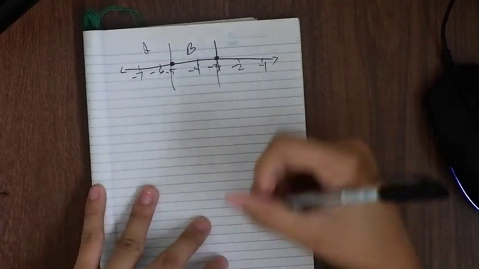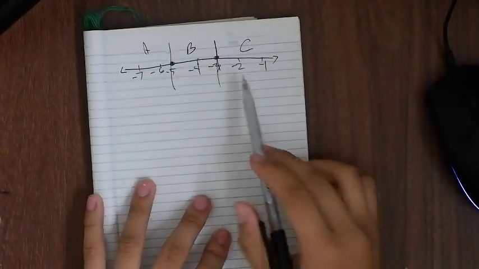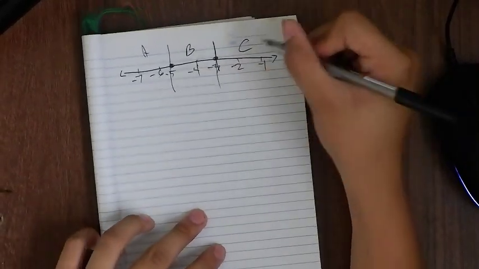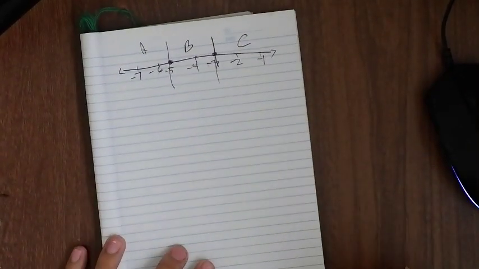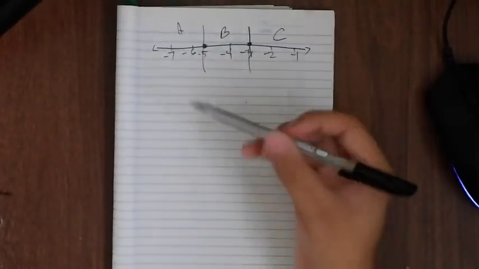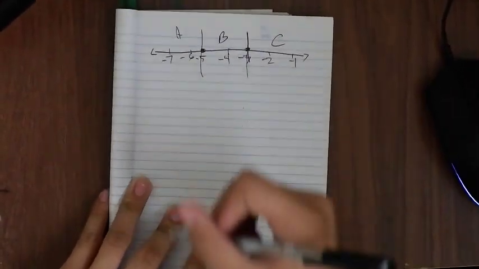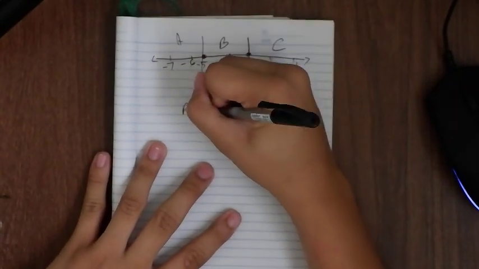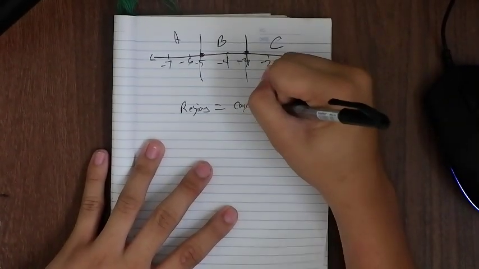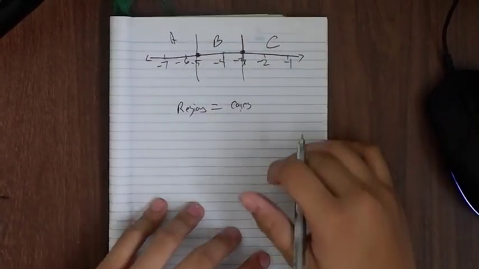And lastly, region C, all the numbers that come after negative 3. So why regions? Well, from what I read and what ma'am taught, regions correspond to cases.